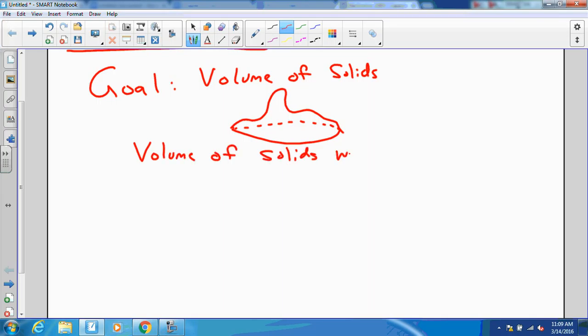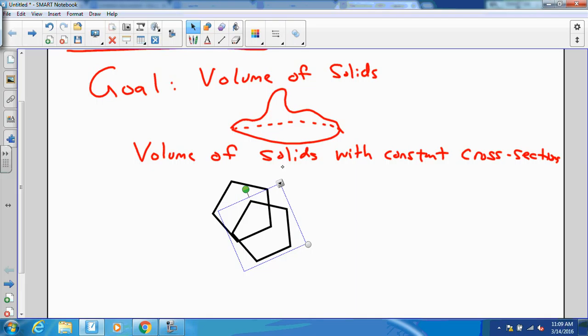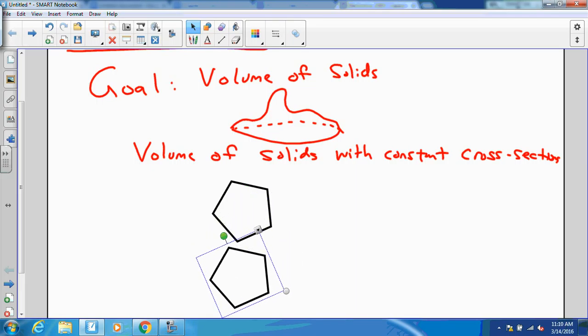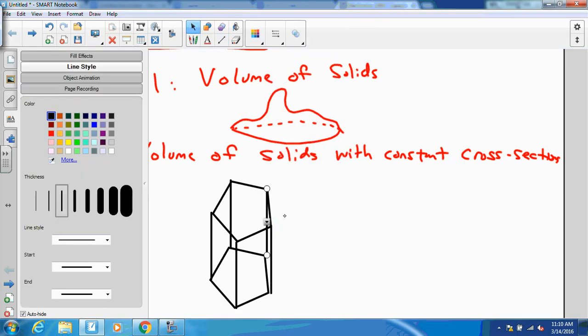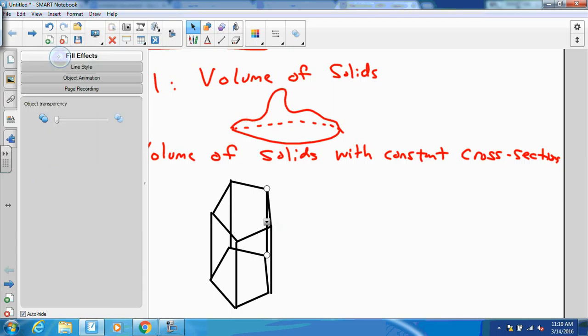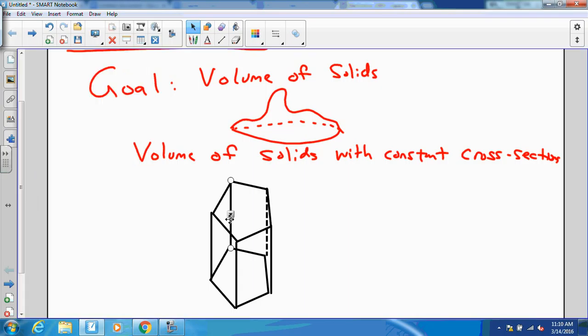Now, let's build up to this. We want to start with solids that you probably learned about in geometry. If I take something like a regular pentagon and I extrude it so that it forms a solid like this.